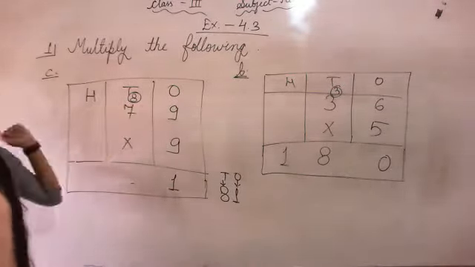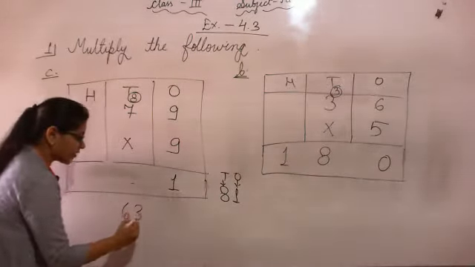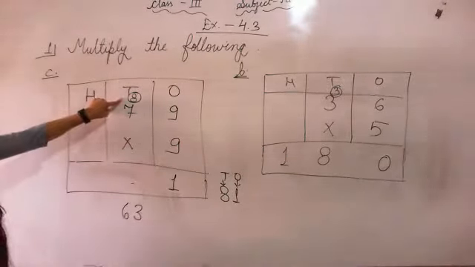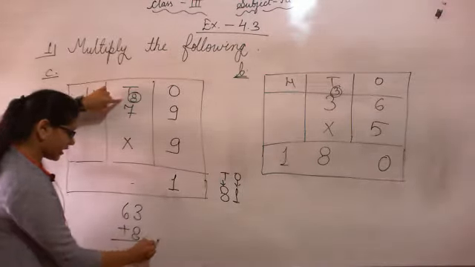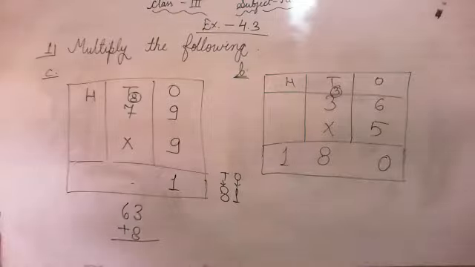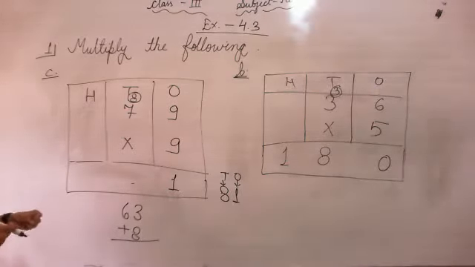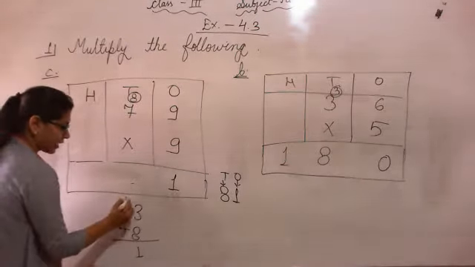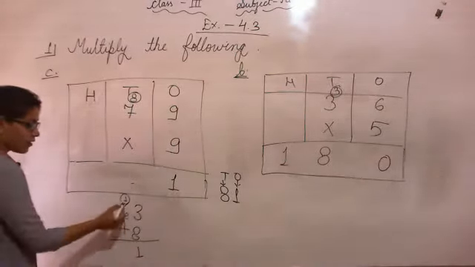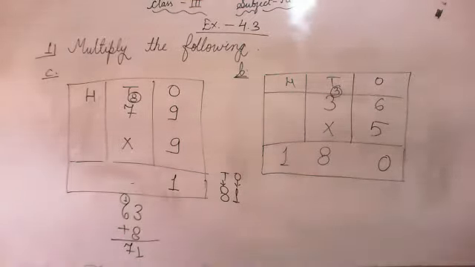Now 9 into 7. 9 sevens are 63, plus this carry, 63 plus 8. So add 8 to 63. 8 plus 3 is 11. Carry 1, and 6 and 1 is 7.